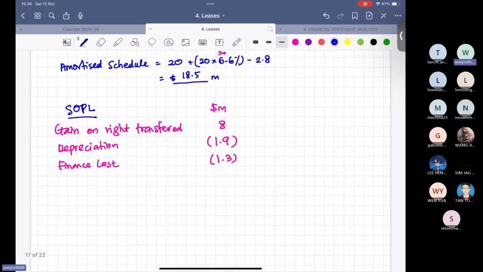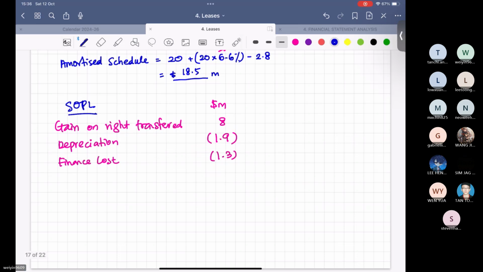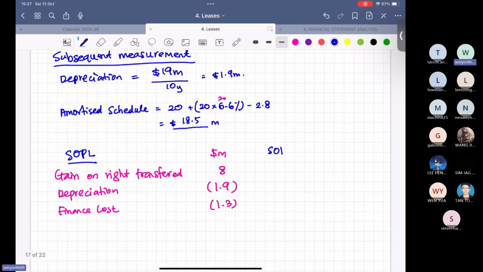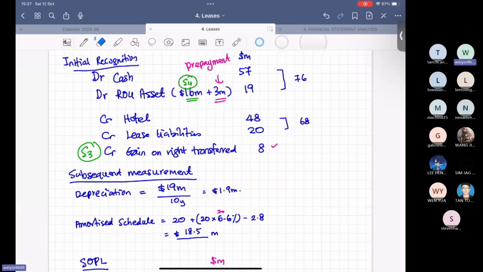So in my SOFP, then you have assets and liability. So this is the way that you go for your sales and leaseback transaction.